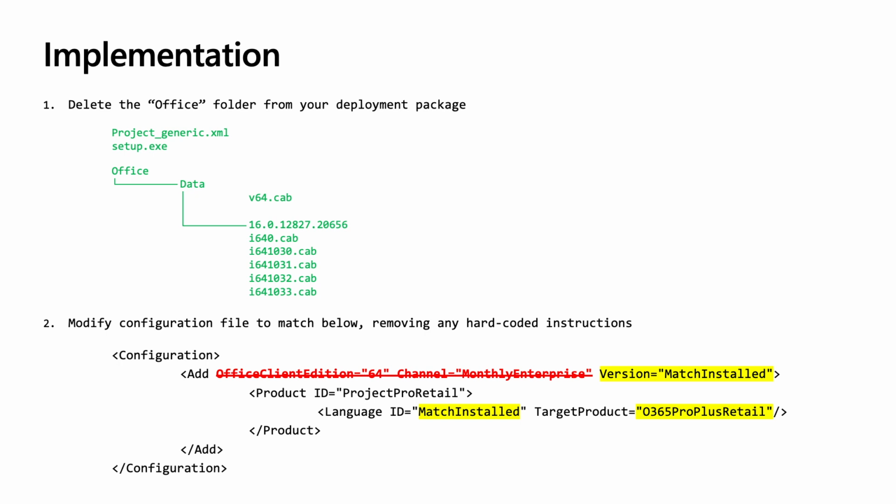So setup will check which language is already installed, maybe again English and Swedish. So it will understand, okay, I have to install Project in English and Swedish with the same architecture as already installed, with the same servicing channel, and I should not do an update if there is a newer version. I just match the version.